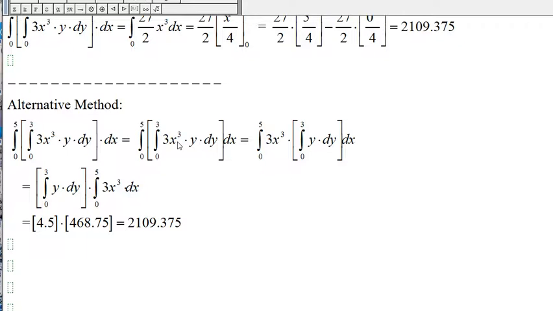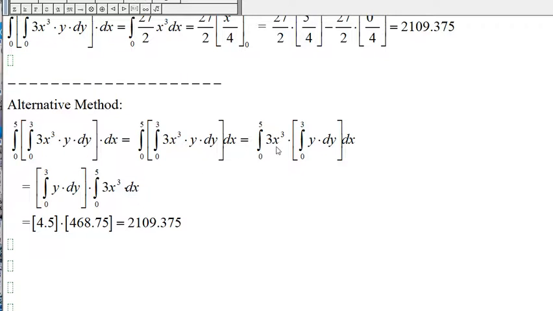And so the 3x to the third, there's no y here, so we could think of it as a constant. Since it's a multiplication constant, we can move it and place it in front of the inside integral.